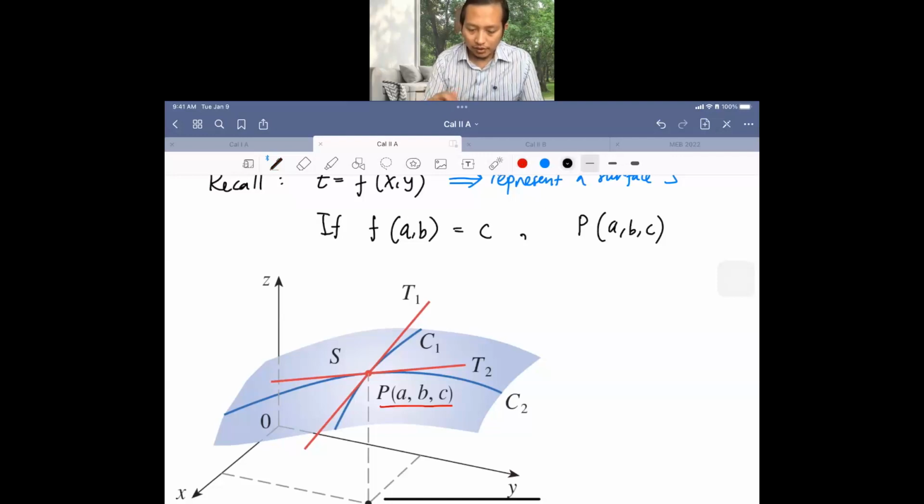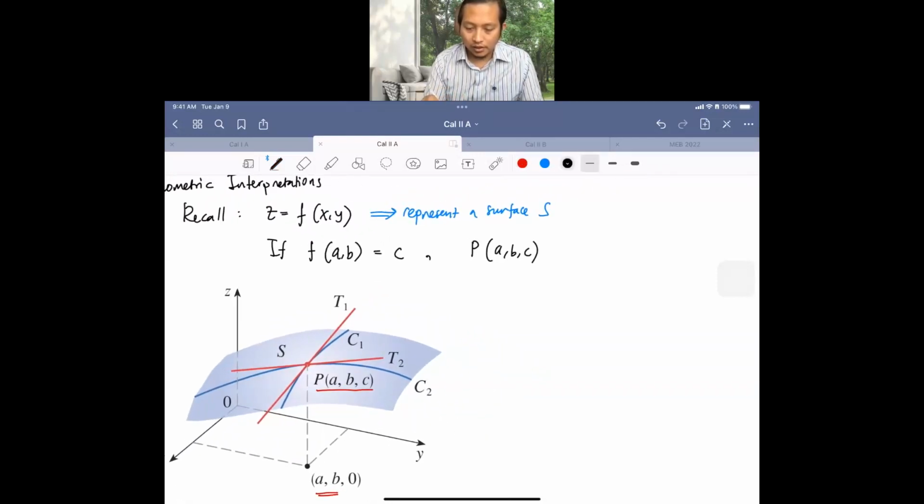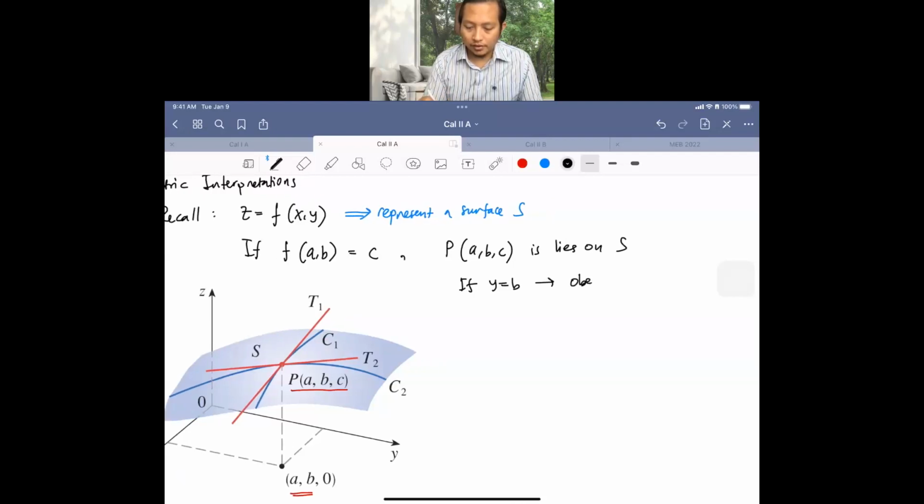So let me write all the notions here. So P lies on S, and if y equals B, we restrict observation only to the curve 1, and if x equals A, the observation only to the curve 2. Curve 1 and curve 2 both pass through point P. Okay.